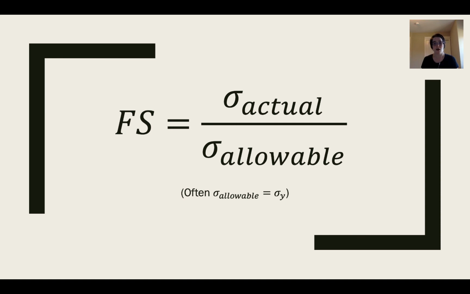So often, but not always, sigma allowable stress is equal to the yield stress for the material, if you remember from material science. And the actual stress is whatever you calculated based on your loading. The shear stress equation looks just the same as this, except you replace the sigmas with taus. So we'll be working with this idea in class.